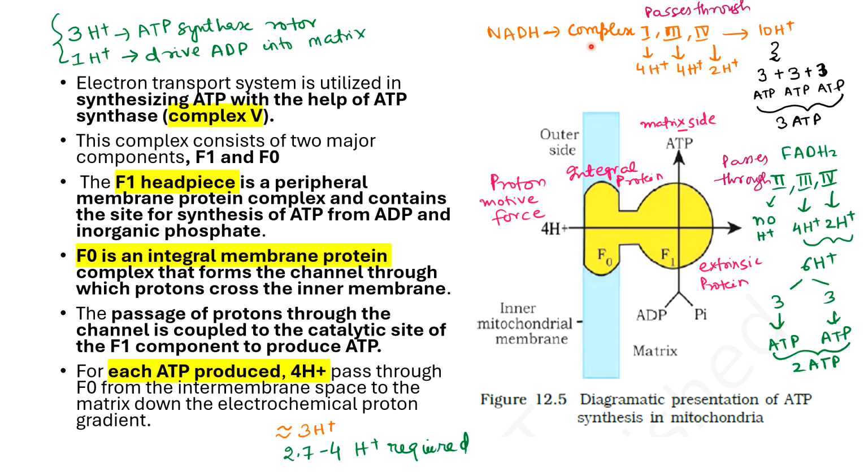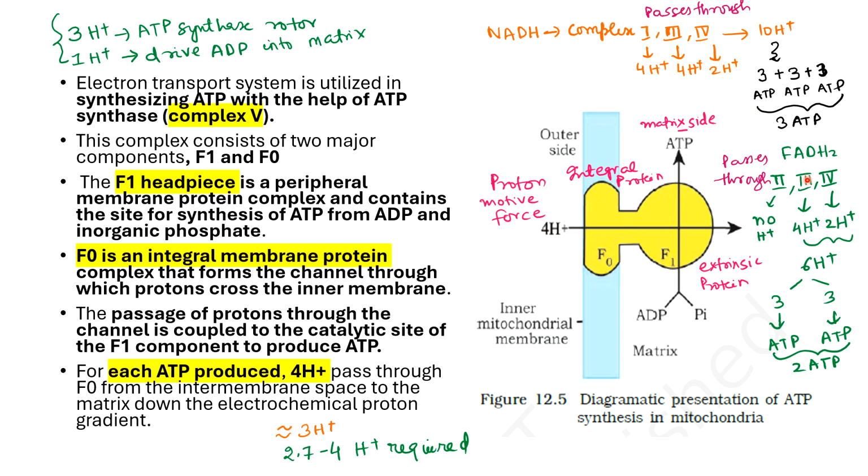So check NADH, we saw 10 H+ are produced from NADH, and 6 are produced from FADH2. So if we calculate, approximately 3 protons are utilized to form one molecule of ATP. So net gain is 3 ATPs that are produced here.